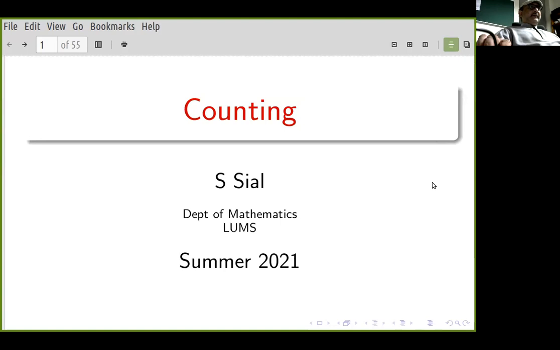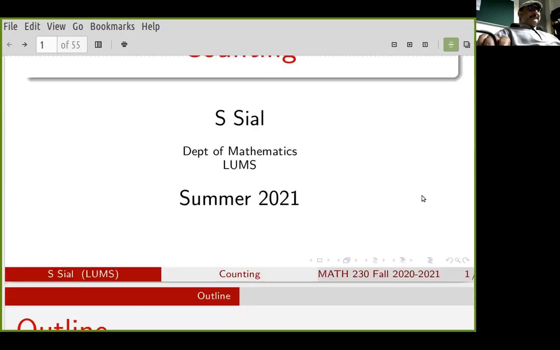In this session, I'd like to consider sets that have finitely many elements, and count exactly how many elements they have. This will be important later when we assign probabilities to these sets. So we're going to go over a few rules of counting.